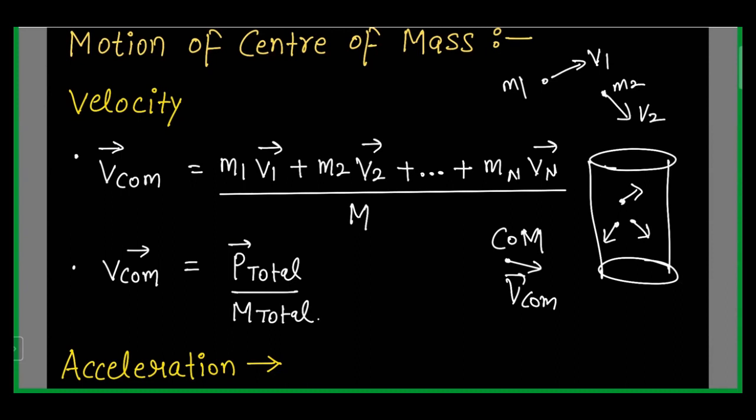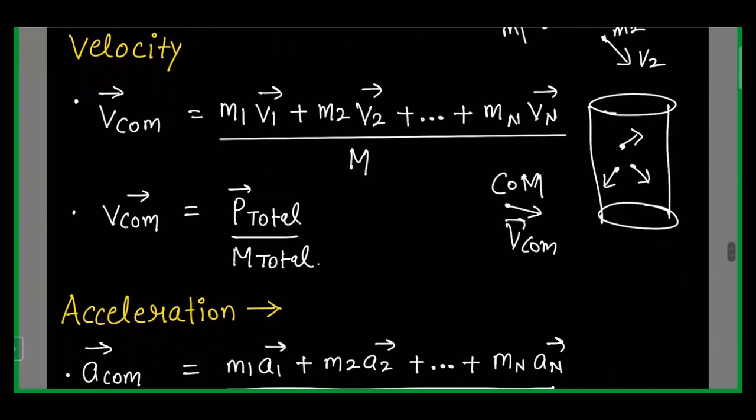Here v1, v2, vn are vectors, so these are vector quantities, divided by the total mass. It is the same formula as for position, but now for the velocity. The velocity of the center of mass can also be written as the total momentum of the body divided by the total mass.